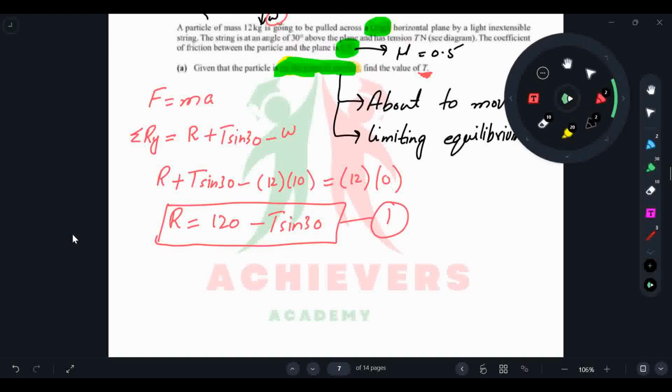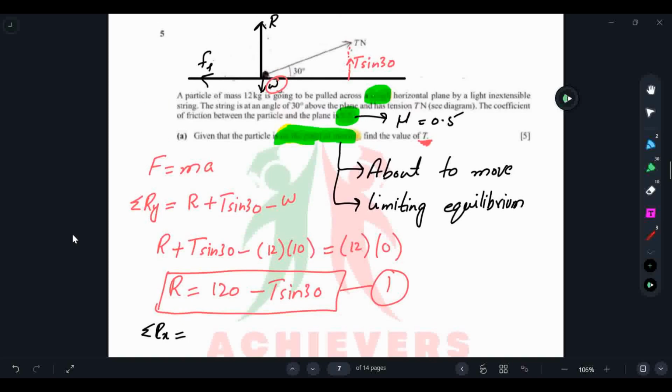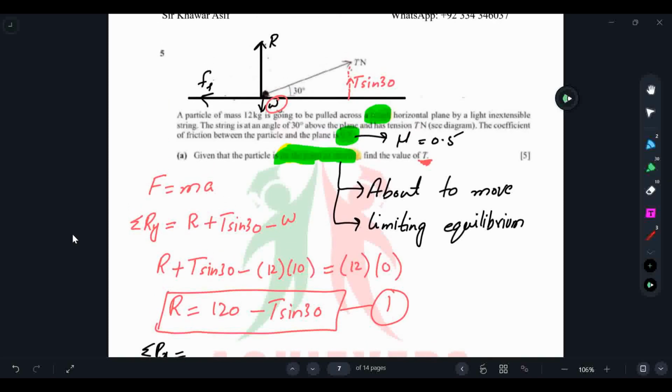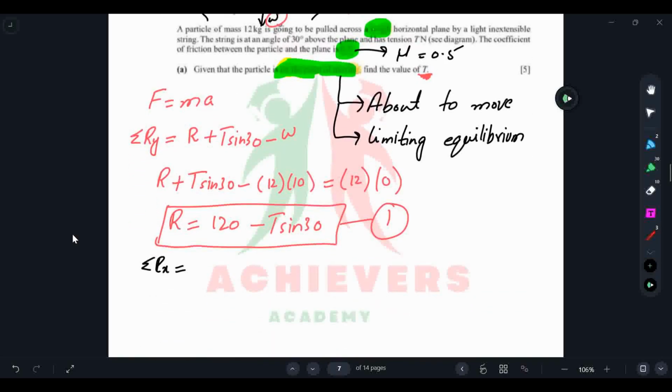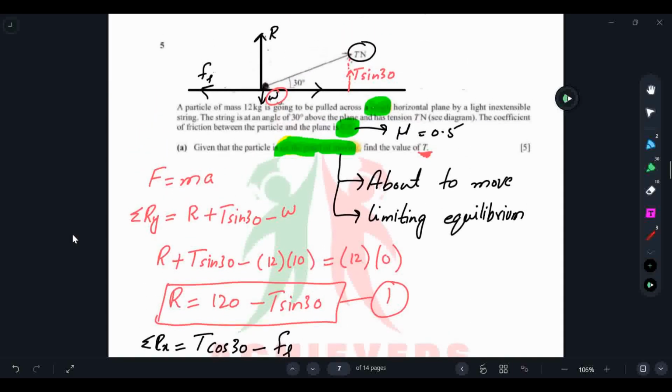Similarly, we have to see the other one, summation of Rx, the horizontal components. The horizontal component of T is going towards the right side, so this should be T cos 30 degrees minus frictional force, equals ma.